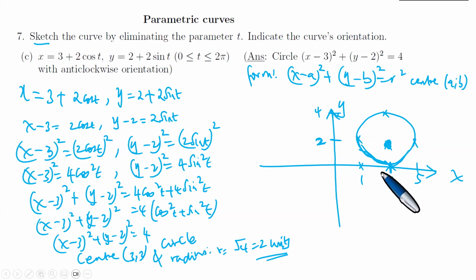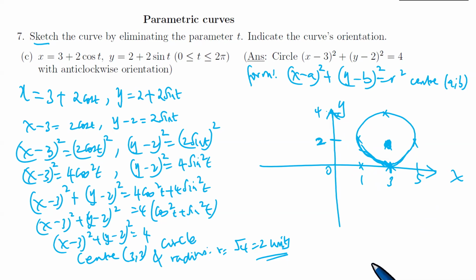Right, so the radius is 2. From the center at 2 you measure 2 units, you'll come to 0, and adding 2, you get 4. Moving 2 units, that's 3 minus 2, giving a 1, and 3 plus 2, giving a 5.